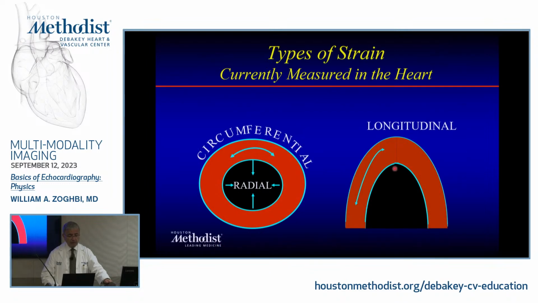All right, and there are different types of strain. Most often that you use is longitudinal strain, but there's circumferential from the outside as to what really happened to the heart in short axis. Radial strain is the movement of the endocardium. Interestingly enough, what happens in hypertrophy?